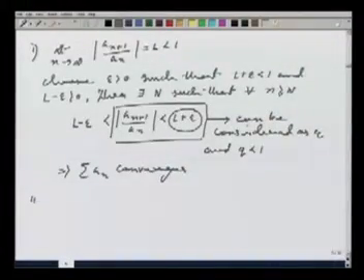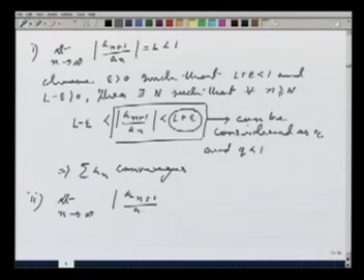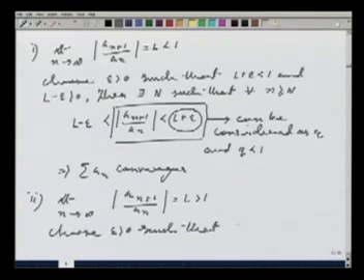Now let's come to the second part. This says that limit n going to infinity modulus of an plus 1 by an is equal to L, which is strictly bigger than 1. What I do is choose epsilon bigger than 0 such that capital L minus epsilon is strictly bigger than 1. Since L is strictly bigger than 1, I can always choose an epsilon such that L minus epsilon is also strictly bigger than 1 and epsilon is positive.